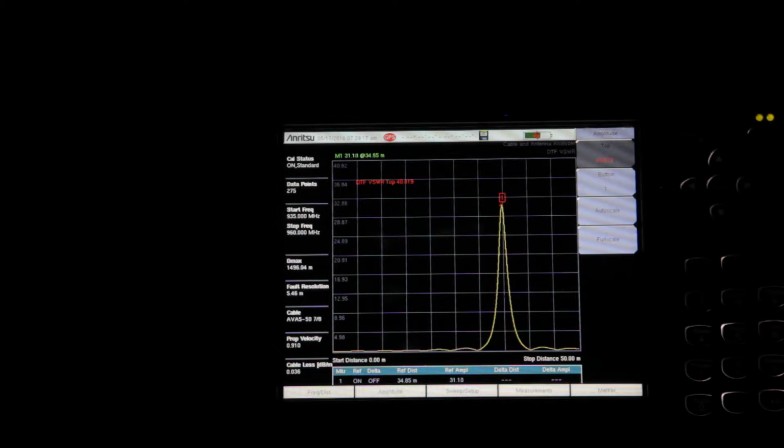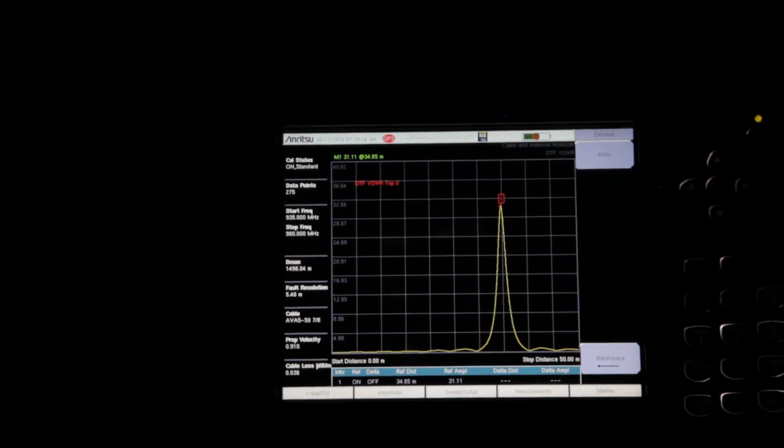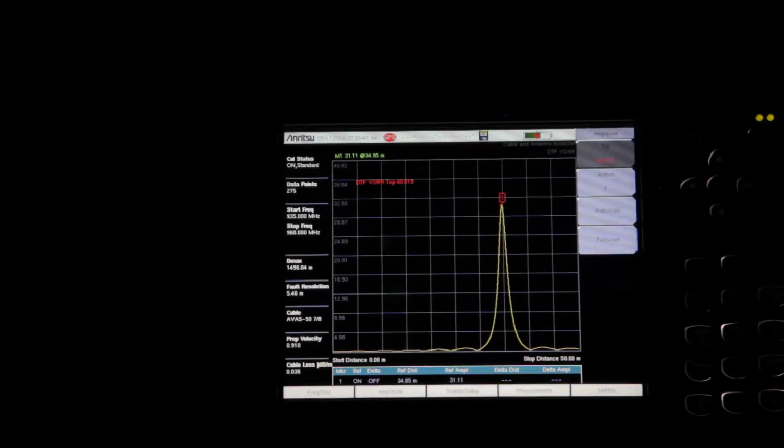This is the first test we are going to measure. As we said, we are going to measure the length we have, then we test where we have reflections. This madam is helping me to test the length of cable we have.